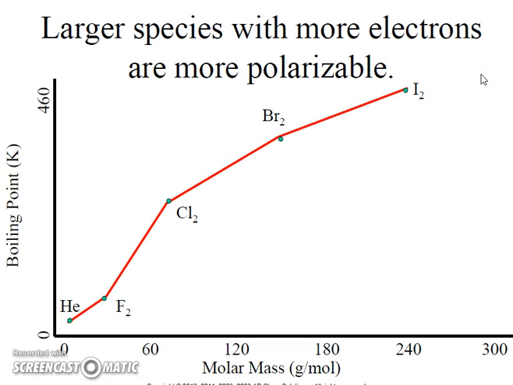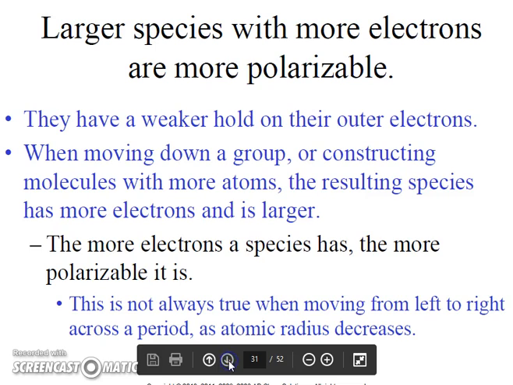The larger it is, the more polarizable it is because it has more electrons. So the more electrons it has, for being a larger atom or molecule, the more polarizable it is. And I guess that's where we're going to have to stop.